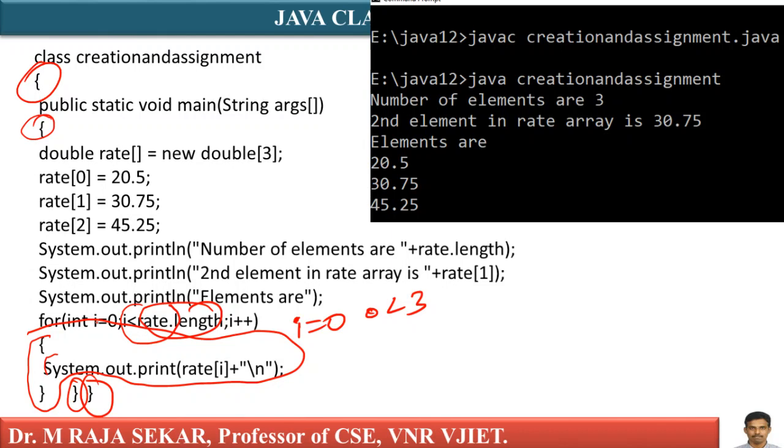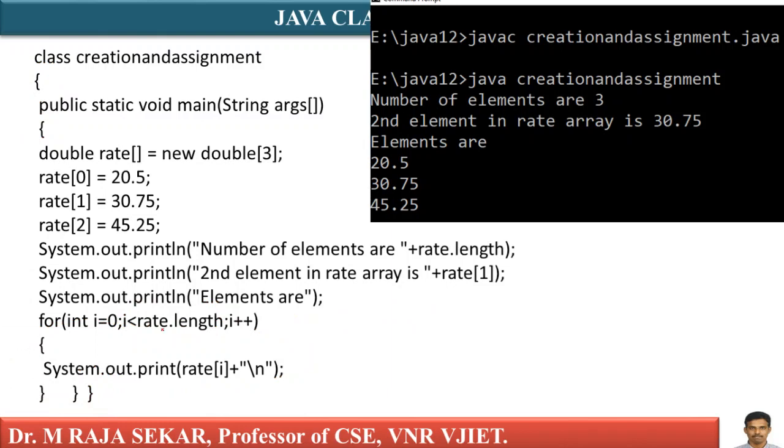As I told you, in the case of the Java programming language, each piece of code I must write inside the class. That's why I'm keeping everything inside the class. As I told you, what is my I? I value is 0. 0 less than rate dot length. Rate dot length means the size of this rate array is 3. 0 less than 3. Correct. System.out.print. I am not keeping ln here, only print.